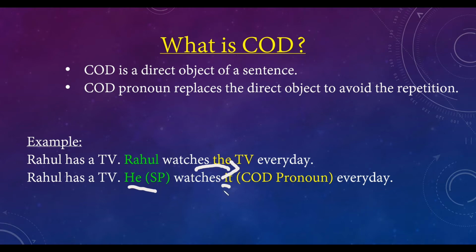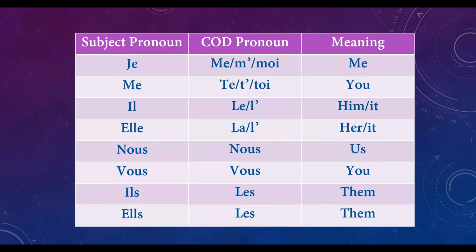Watches it. There is no preposition in between. So a preposition doesn't precede the verb. Therefore, the verb directly acts on the object. Therefore, it is called a direct object, or in French, we call it COD, complément d'objet direct. On continue.